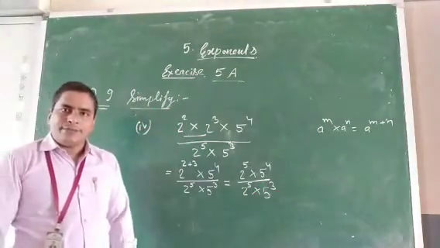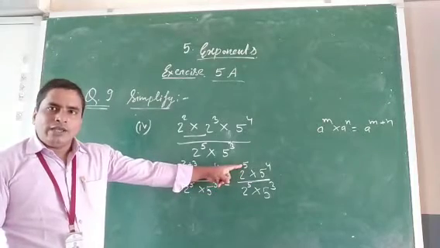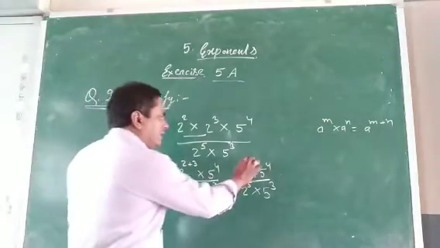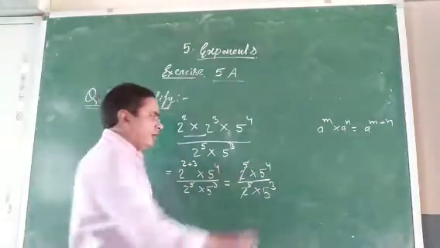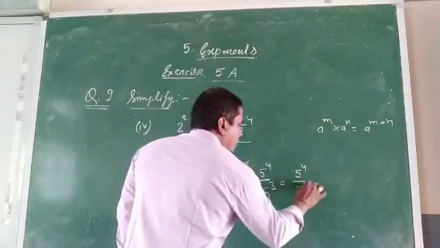Okay students, clear? Again see here: 2 to the power 5 in the numerator, 2 to the power 5 in the denominator, so easily you can cancel out. Now what will remain? 5 to the power 4 upon 5 to the power 3.